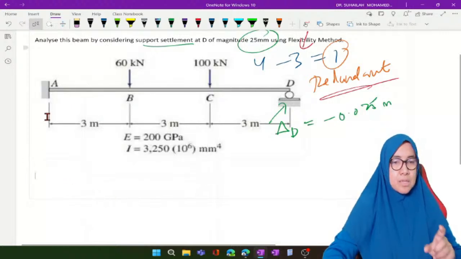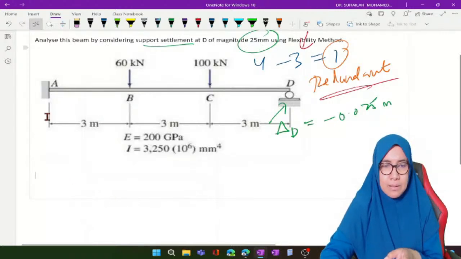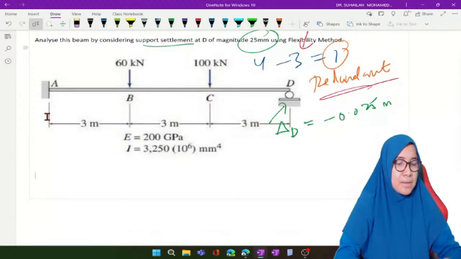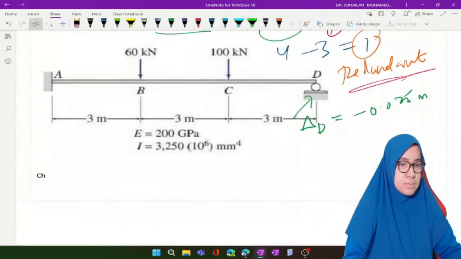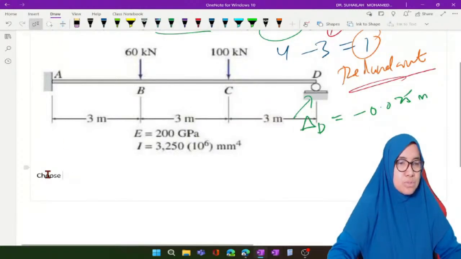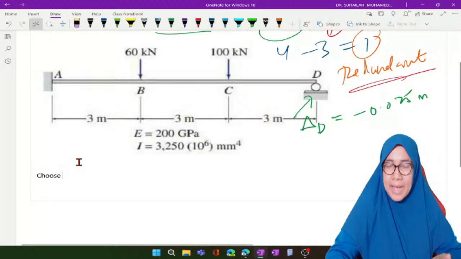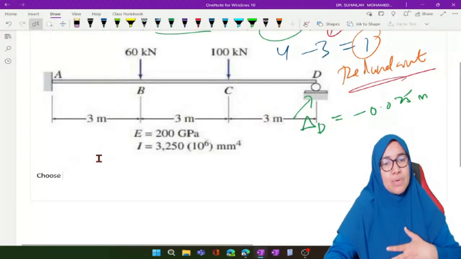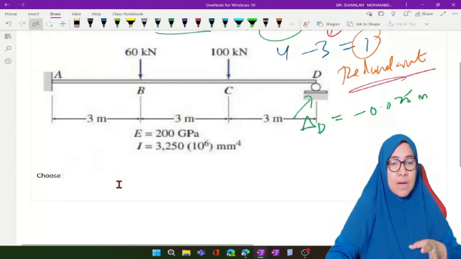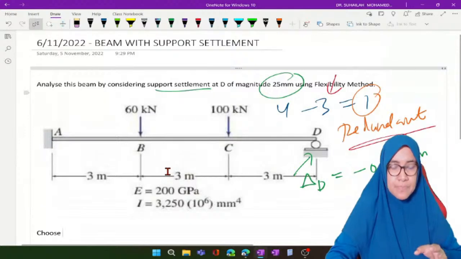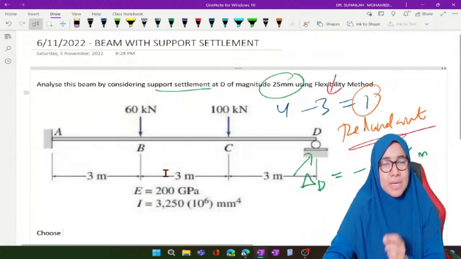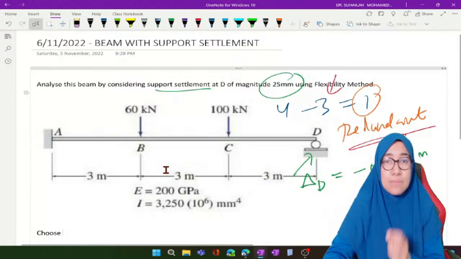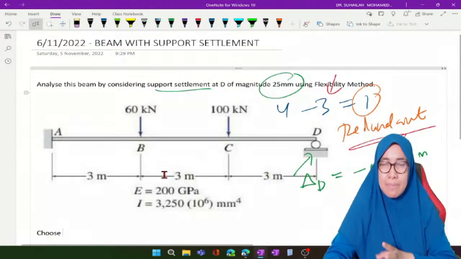So we have already determined one redundant, and let's say we want to choose Dy as the redundant. Normally we can solve this problem when the redundant is at the same position where the settlement occurs.